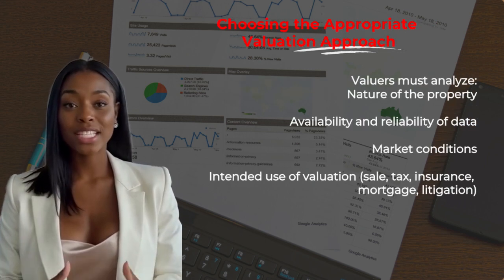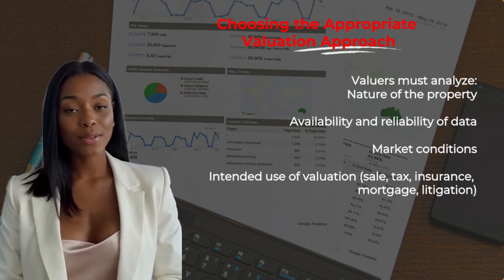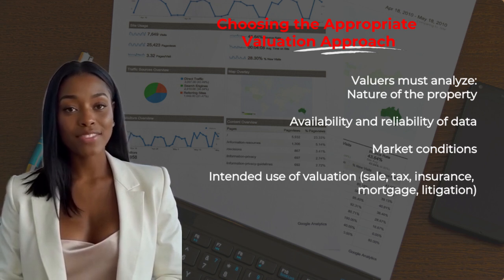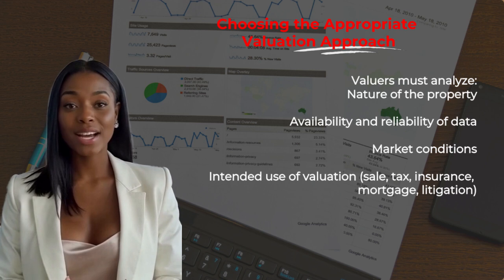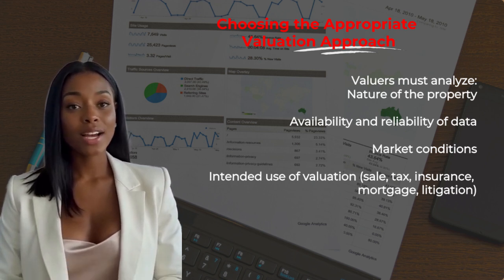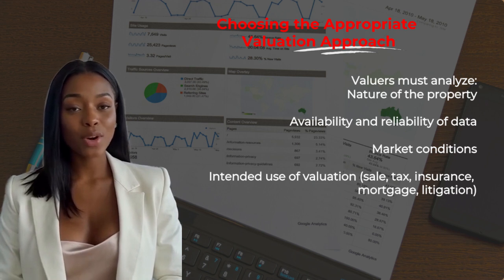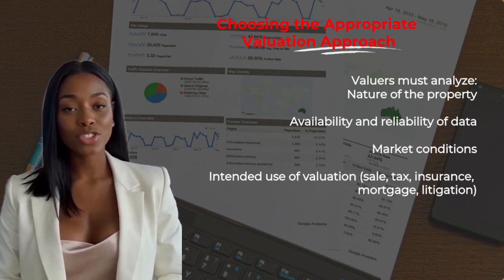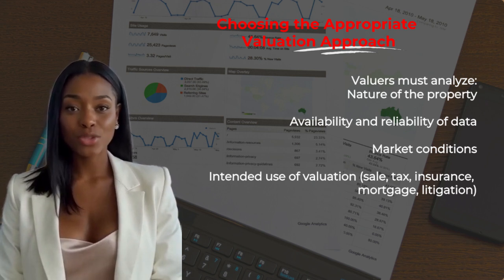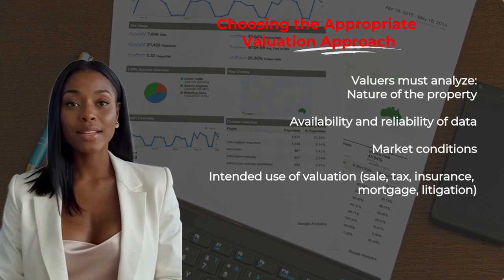8. Choosing the appropriate valuation approach. Valuers must analyze the nature of the property, availability and reliability of data, market conditions, and intended use of the valuation: sale, tax, insurance, mortgage, litigation. A triangulation of methods, reconciliation, is often encouraged to produce a more reliable value estimate. 9.